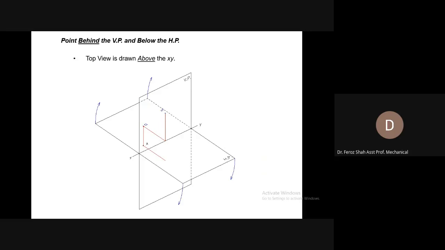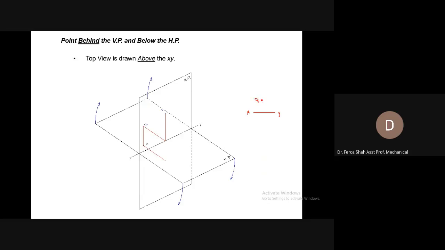After getting the top view, you have to rotate it about 90 degrees, and again you can see that the top view will come above the XY reference line. So again its top view will be above the XY reference line. How much? That much which the point is behind the vertical plane.